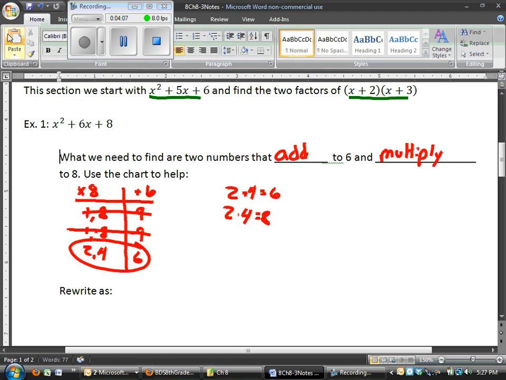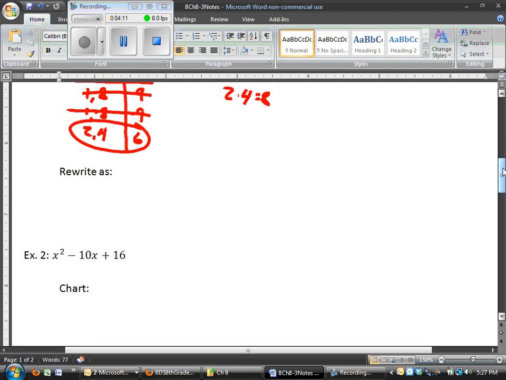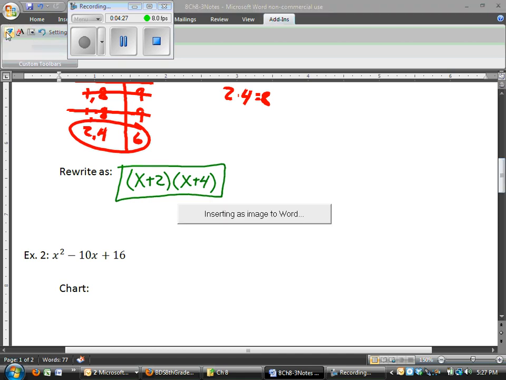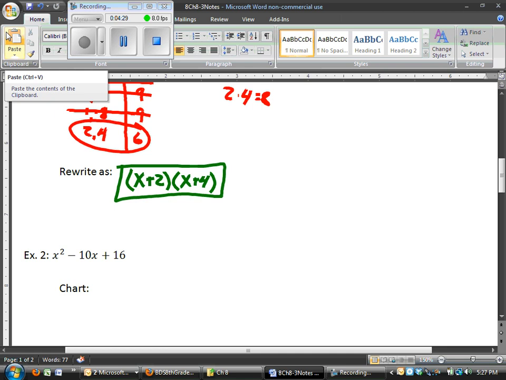So then the last step, we're almost done with this problem already, it's not too difficult, is just to rewrite it saying that my 2 factors are x plus 2 and x plus 4. Because the 2 numbers we found were positive 2 and positive 4, we're going to say x plus 2 and x plus 4. That's our final answer right there.